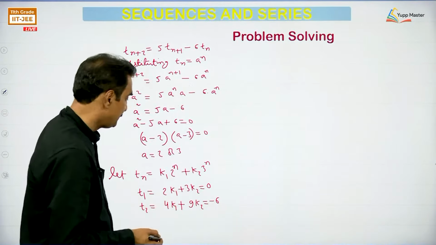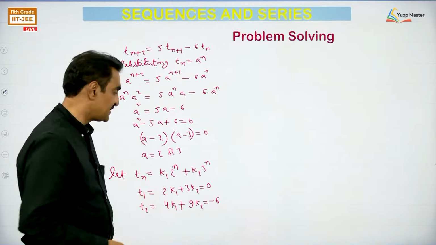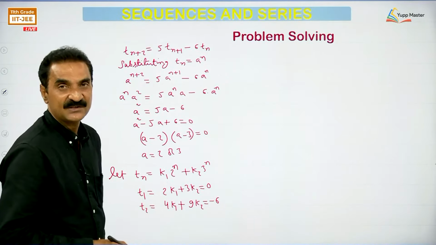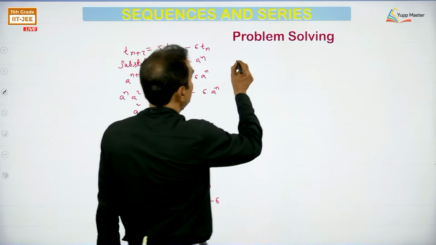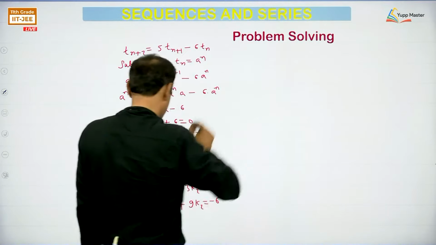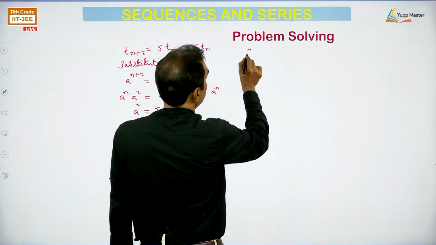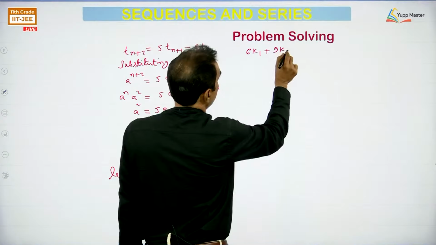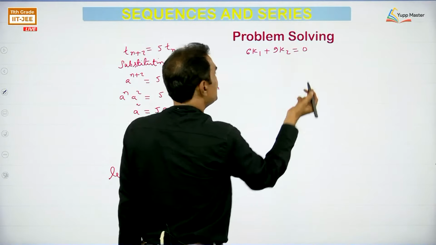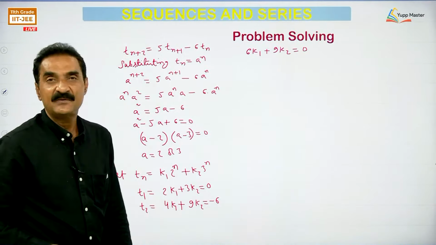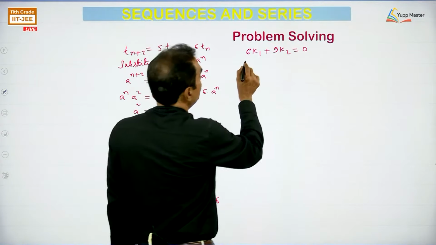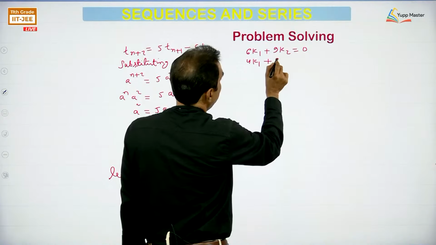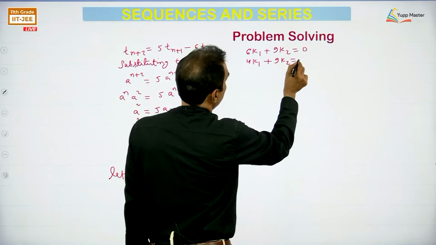Now, let us solve. Multiplying the first equation by 3 and subtracting the second equation, k2 will cancel out. So, multiplying first equation by 3, 3 into 2, 6k1 plus 9k2 is equal to 0 into 3 is 0. Second equation is 4k1 plus 9k2 is equal to minus 6.